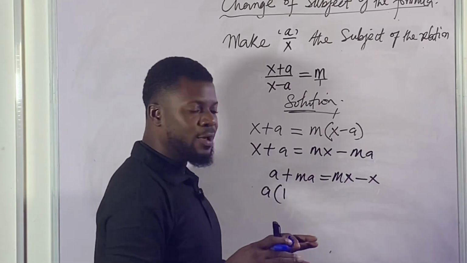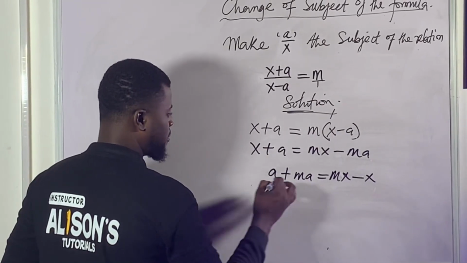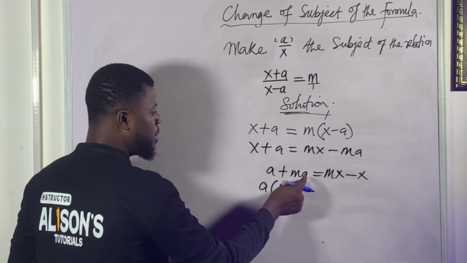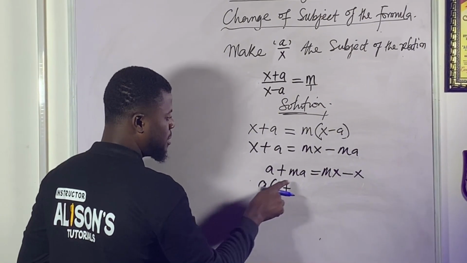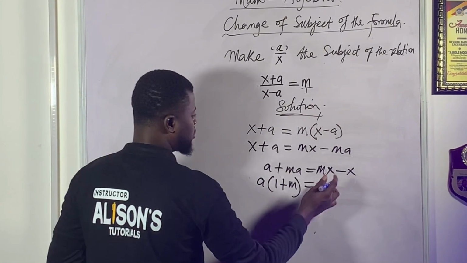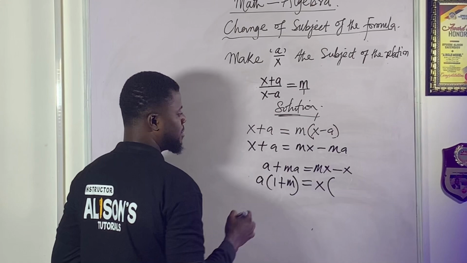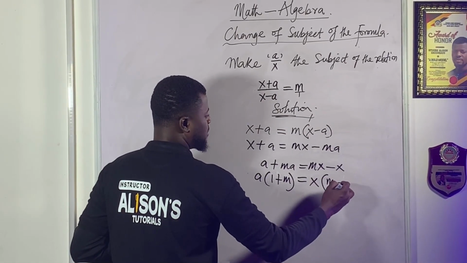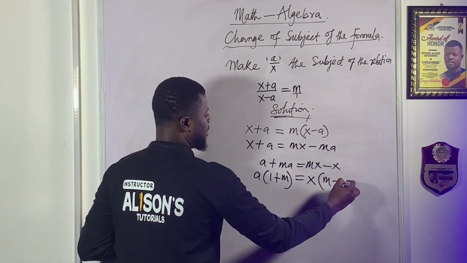Does that make sense? All right. So plus, again, if I pull out this e from here, m will be left. So let's do the same thing here. x is common. Let's factor out x. So if I pull out x here, m will be left, and then negative, if I pull out x here, 1 will be left.